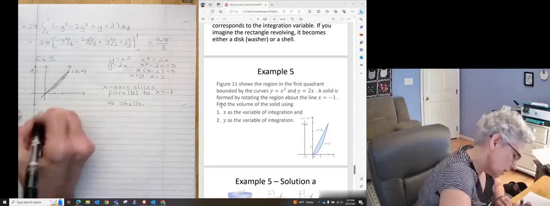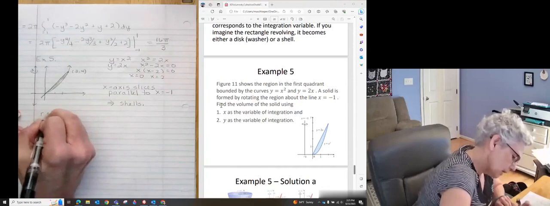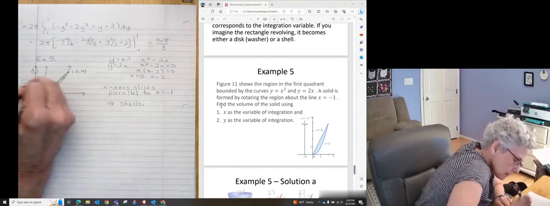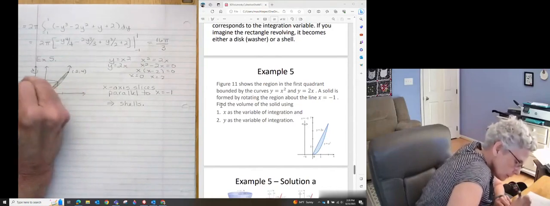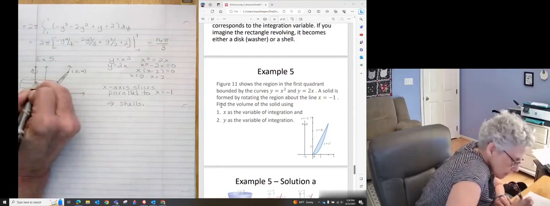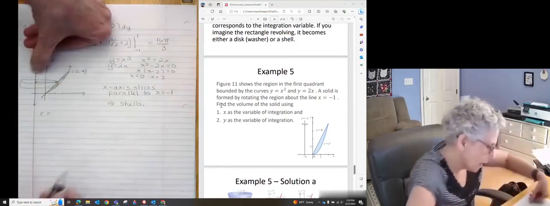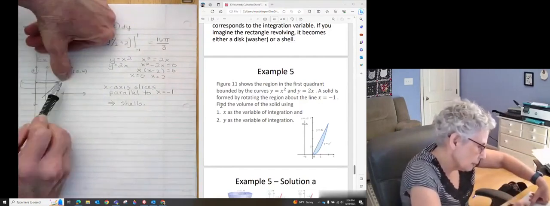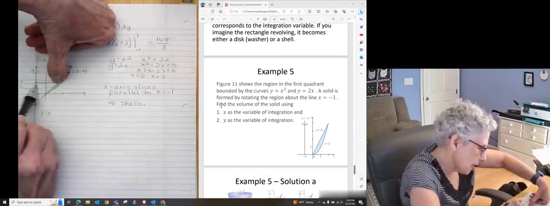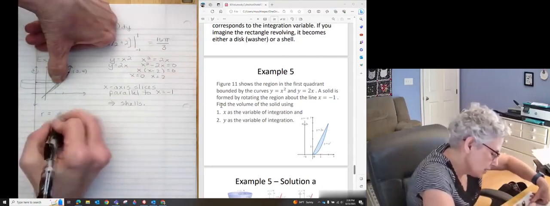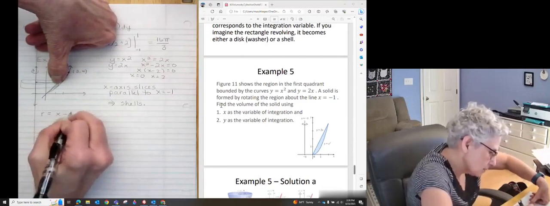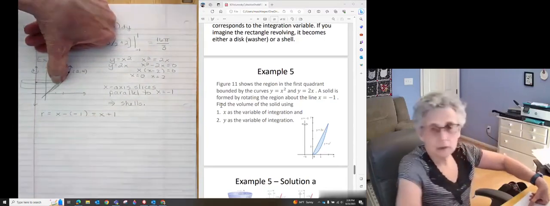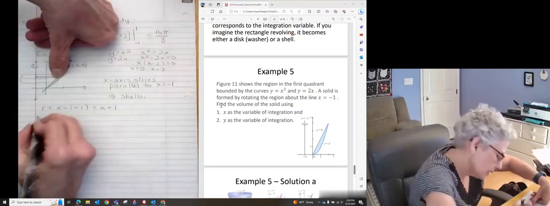And that's what number 1 is anyway. So that means I need a radius, and let's make a little shell here. The radius of my shell, and that's not a very accurate shell, but that's okay. I can see the radius is from my shell to the axis of rotation, so it's going to be x minus -1, which is x plus 1.